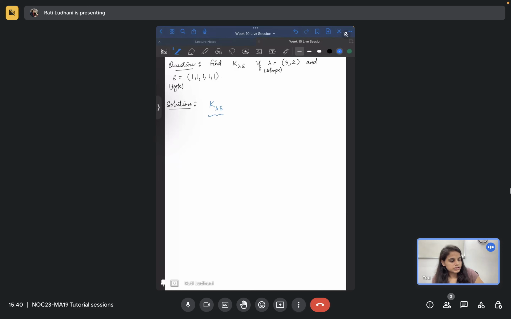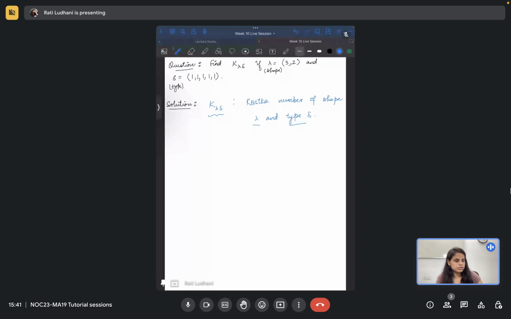This is the Kostka number of shape lambda and type delta. Do you know how to find this number? Firstly, what are the shape and type of this number?